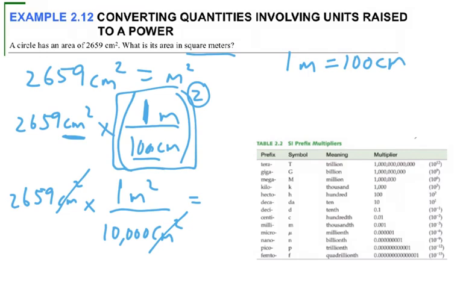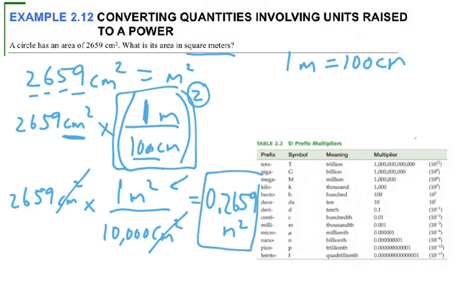When you get your answer, you end up getting 0.2659, and the units left are meters squared. Notice the original problem has 4 significant figures, and so does our answer. So that would be one way to do this problem.